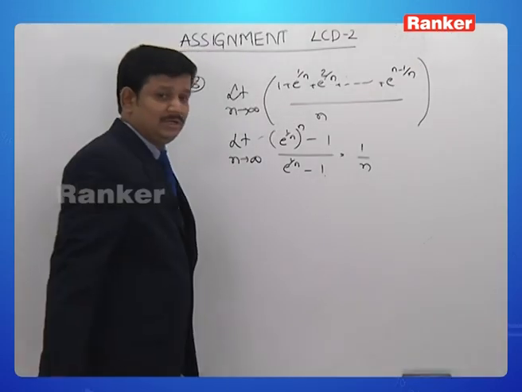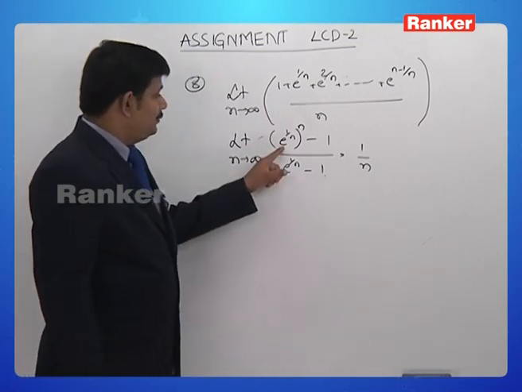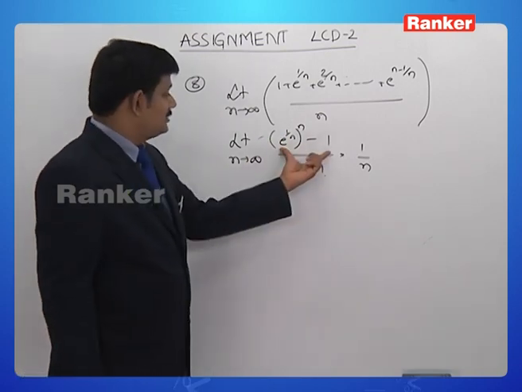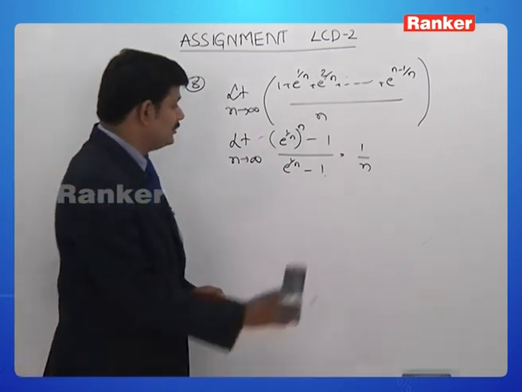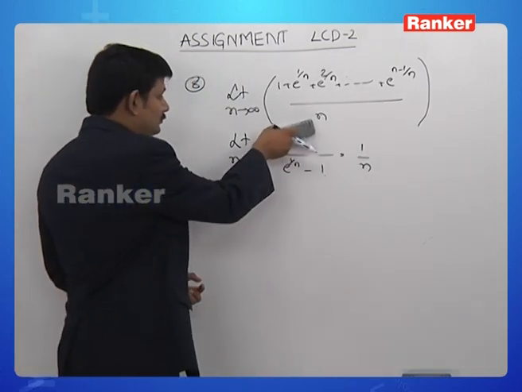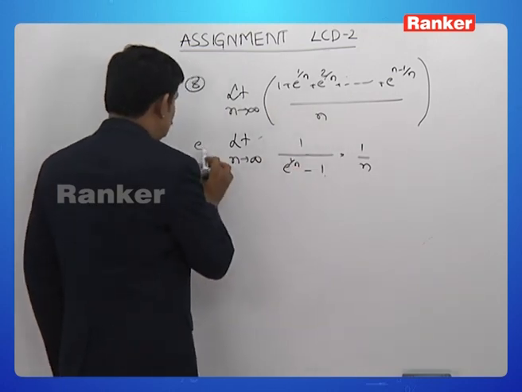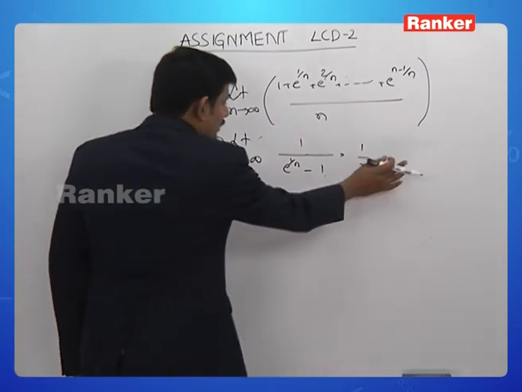So, let us write it separately here. Now, let us see e power 1 by n whole power n is e and this number is e minus 1. A non-zero finite number, we can always bring it out of the limit. Now, this 1 by n, let us write it here.